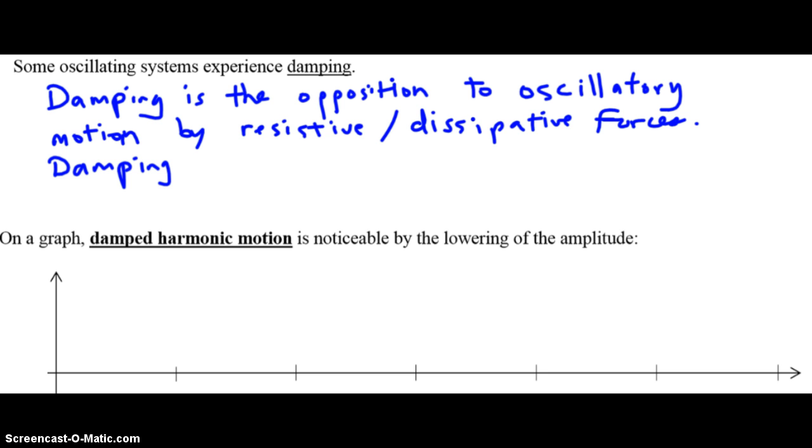Because they are dissipative, by definition, what that really means is that they reduce the total energy of the system. They dissipate the energy.